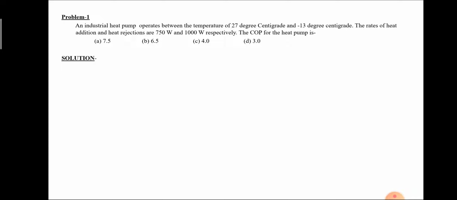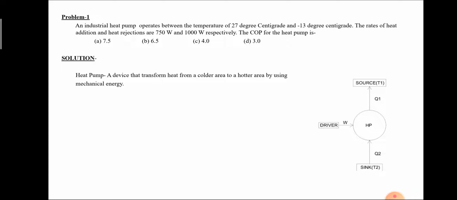First of all, you have to understand what a heat pump is. It's a very simple question. A heat pump is a device which transfers heat from a colder area to a hotter area by using mechanical energy. As you know from thermodynamics, if you have to transmit energy from a sink, that is a body at a lower temperature, to a body at a higher temperature, that is the source, you have to do some work.